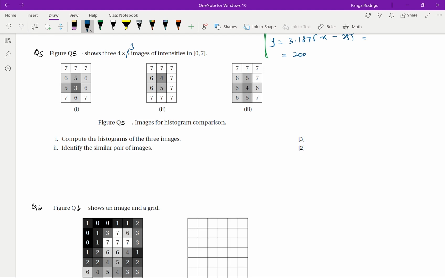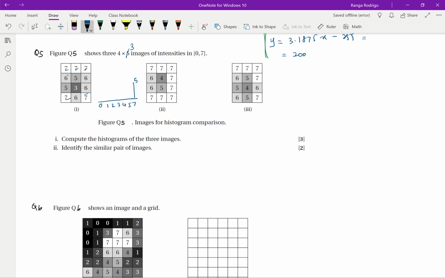Okay, so the histograms are very easy to compute. The intensities are 0, 1, 2, 3, 4, 5, 6, 7, so you have to mark the values for those. Here this one has 7, 7, 7, 7, 7, that is 5. You just have to count the number of pixels with each value.